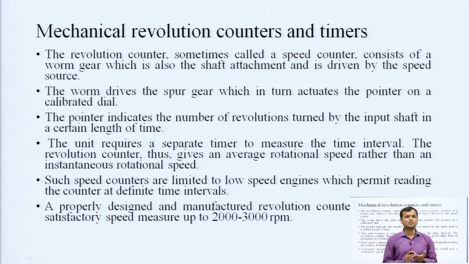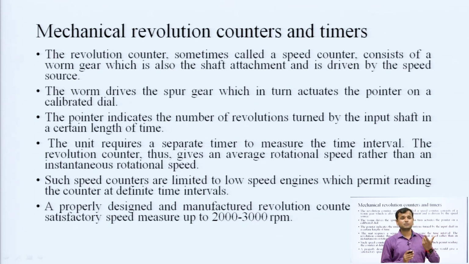Also the worm drives a spur gear, which in turn actuates the pointer on the calibrated dial. The pointer indicates the number of revolutions turned by the input shaft in a certain length of time. Also, the unit requires a separate timer to measure the time interval, so the revolution counter thus gives an average rotational speed.